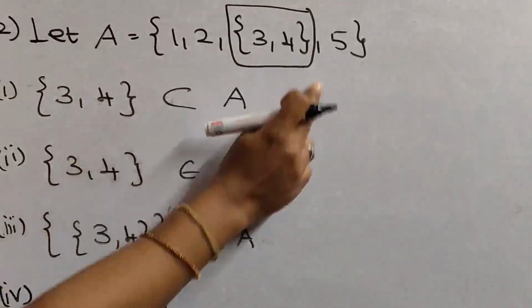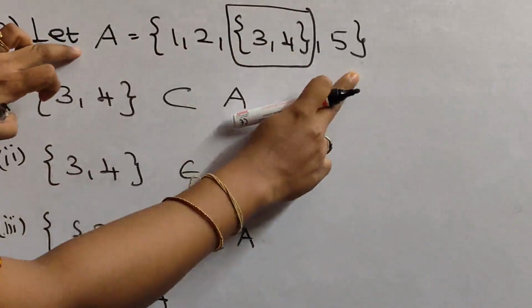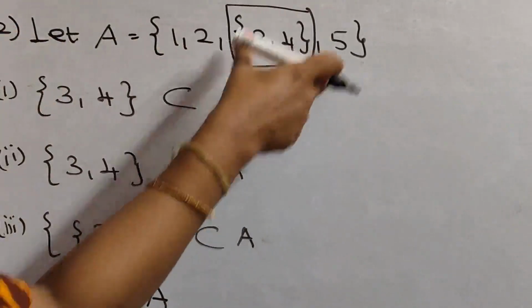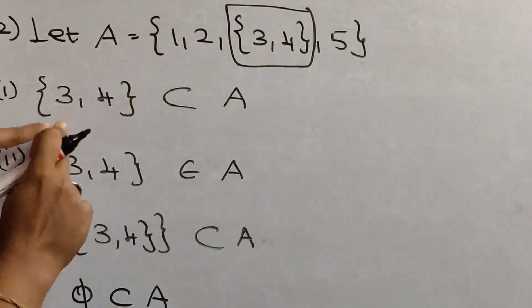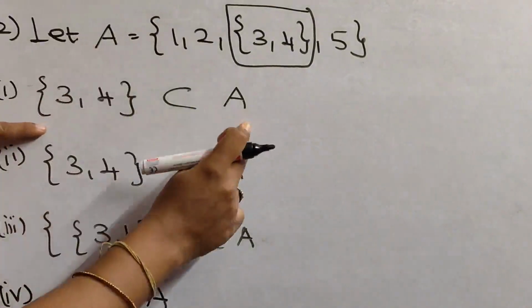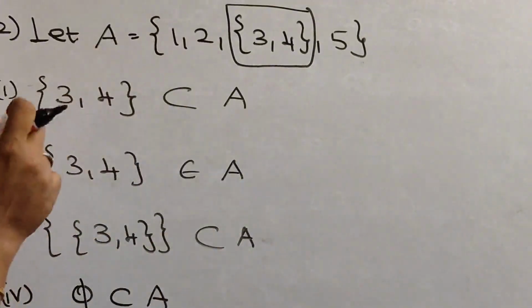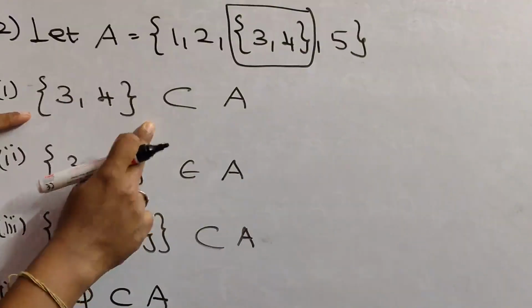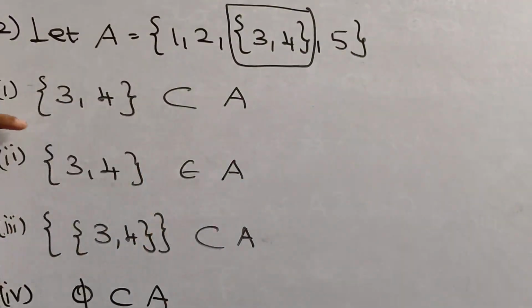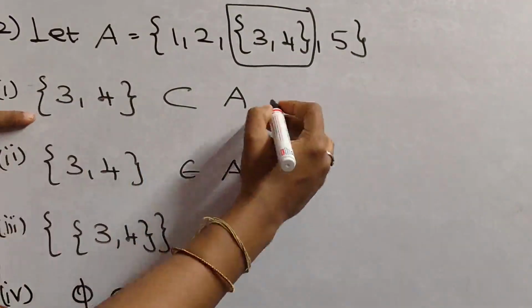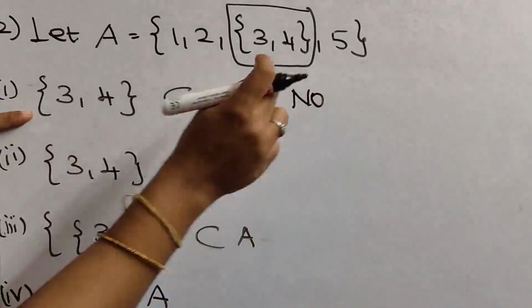It's an element of this set, like 1, 2 and 5. Together it's an element for us. But here it's given {3, 4} is a subset of A. If it is a subset, it will be represented by two flower brackets. So it's not a subset. So this is an incorrect statement.